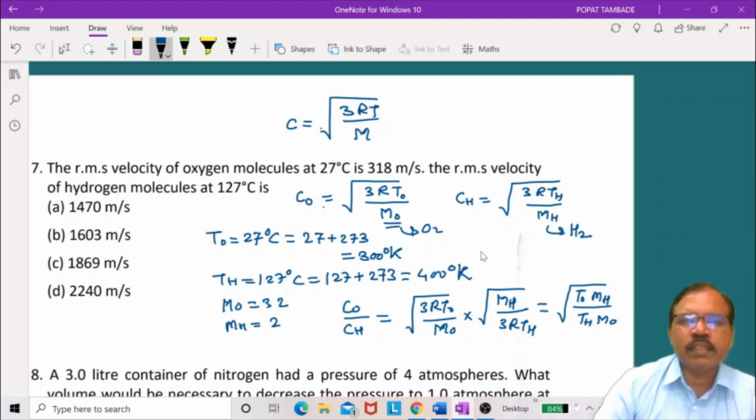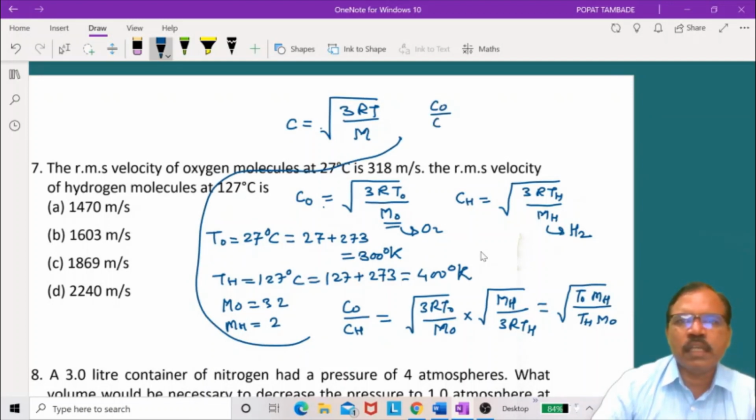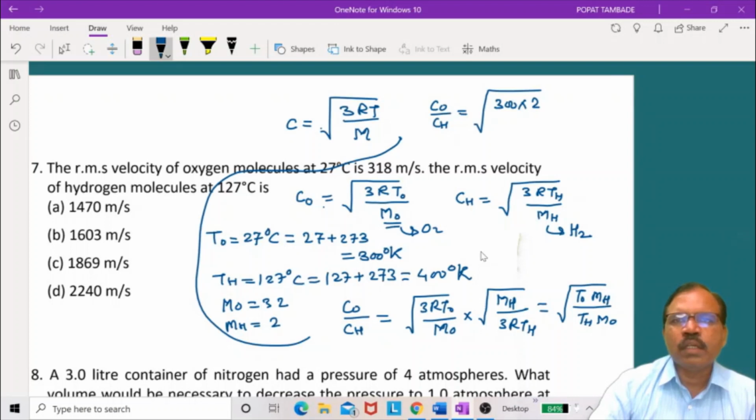Now calculate this. So C0 upon CH is equal to square root of T0 is 300 into MH is 2 divided by TH, that is 400 into 32.